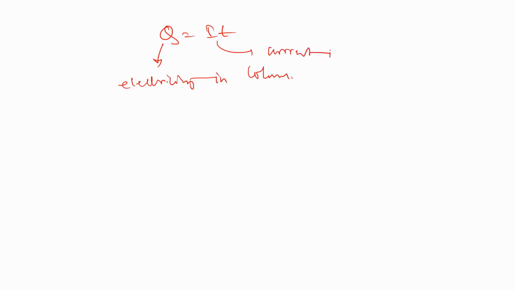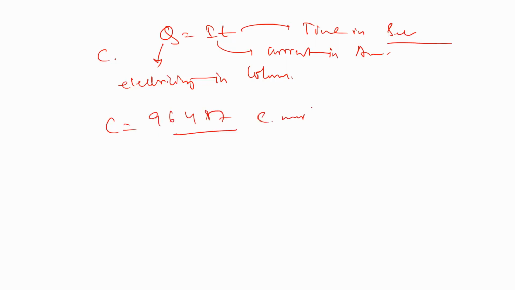From that we can write Faraday's law: Q equal to I into T, where Q is the electricity in coulomb, I is the current in ampere and T is the time in seconds. Also, the Faraday constant equals 96487 coulomb per mole.